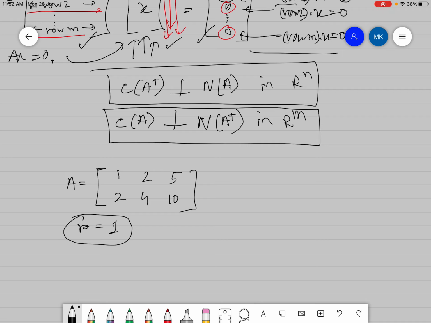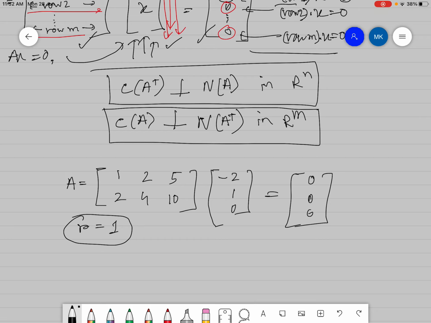And what is the null space here? If you put a vector here, you will see that it is basically [-2 1 0], giving all zeros.